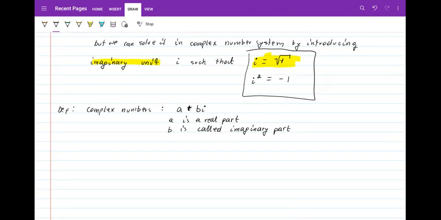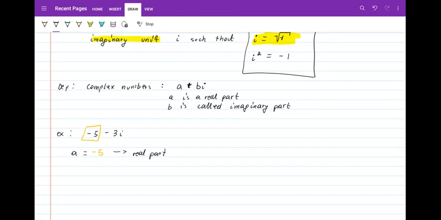Okay, so for example, -5 minus 3i. This is a number in the complex number system. A, in this case, which is the real part, will be -5. So that's the number without I. So this is the real part. And the imaginary part, b, will be -3.